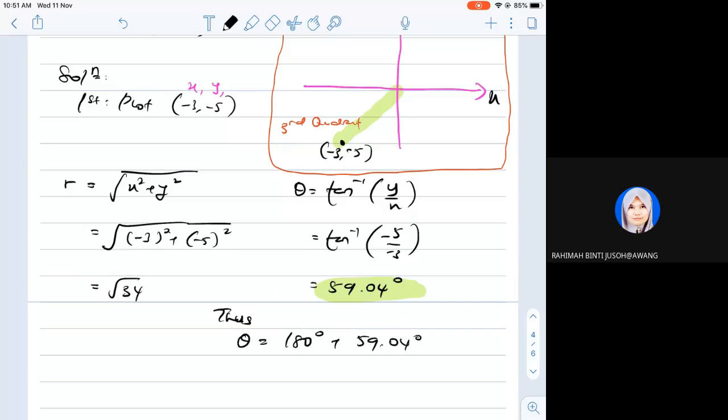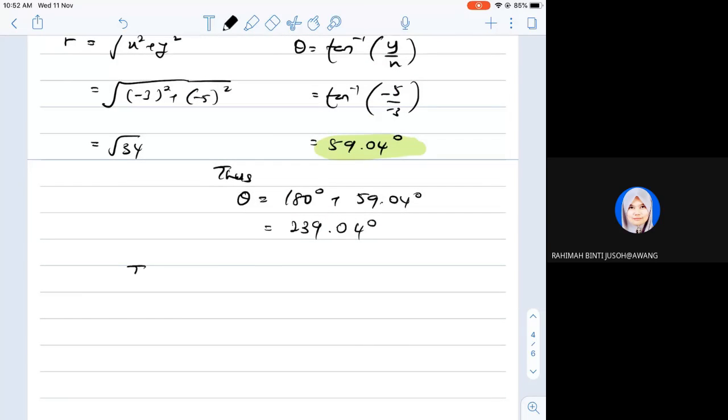So you will get the angle as 239.04 degrees.